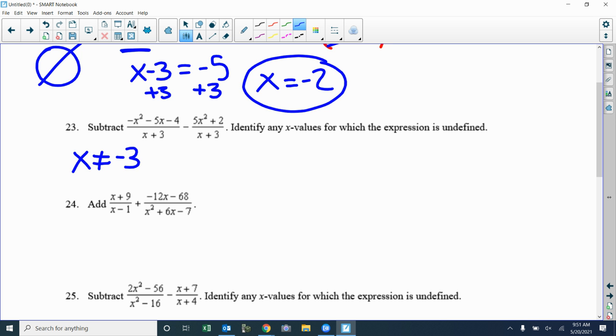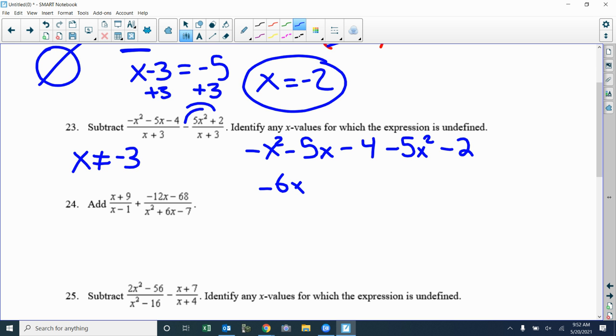All right, remember we're going to have to distribute this negative out. So we're going to have negative x squared minus 5x minus 4. Now that's going to be minus 5x squared, and that's going to be minus 2. All right, let's combine some stuff. We got negative 1 and minus 5 gives us minus 6x squared, so we're done with those.